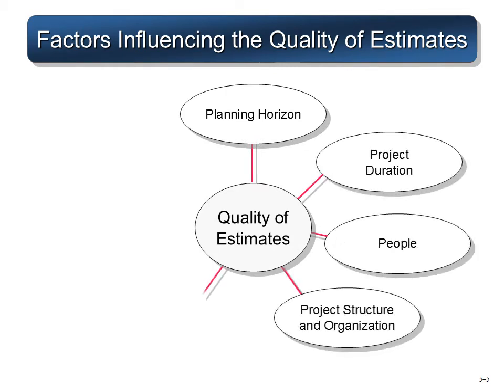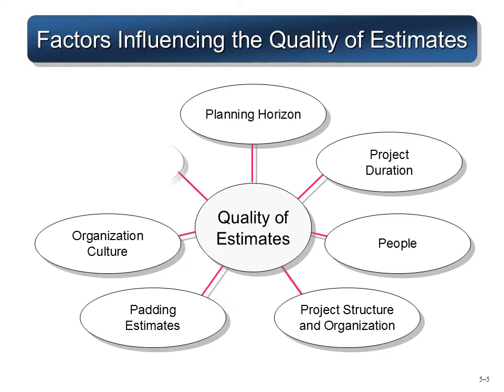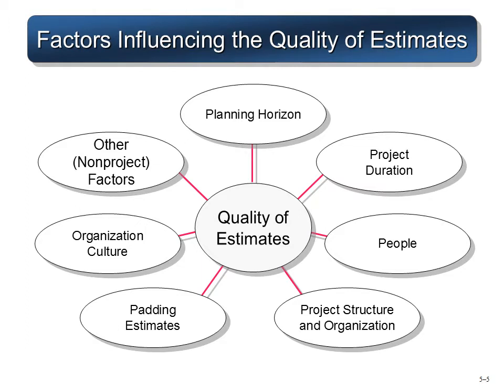Now, the factors which influence the quality of estimate: the planning horizon. If the planning horizon is for a short period, the estimation is more accurate. But if it's for a long horizon, it tends to have more error in it.